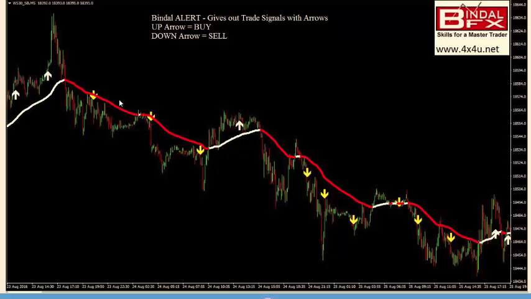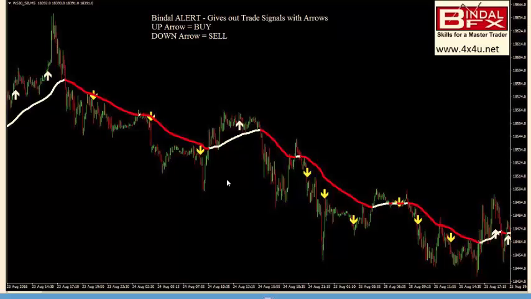So as you can see, down arrow here, we're adding at each down arrow, and of course subsequently you have an up arrow there. That's a very small profit or a small loss there, and the trend changes, and now we have a sell signal.